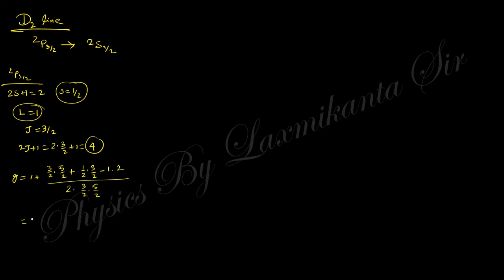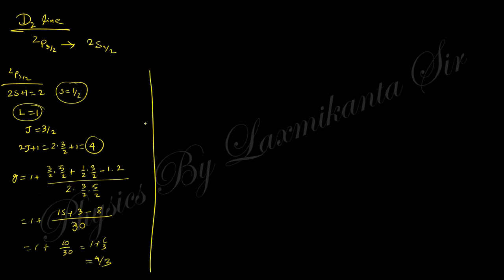If you multiply by 4, this is 15, this is 3, 8, and multiplied with 4 you will get 30. So you get 1 plus 20 by 30 minus 10 by 30. So 1 plus 1/3, that is 4/3. Clear?